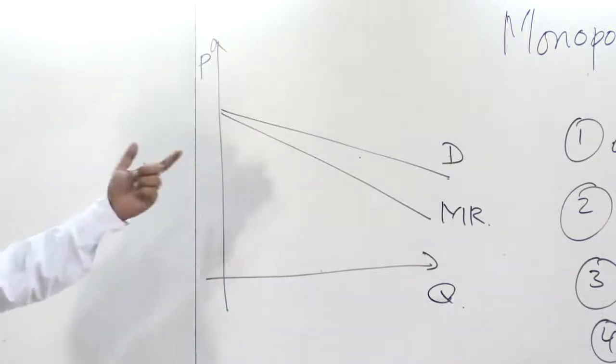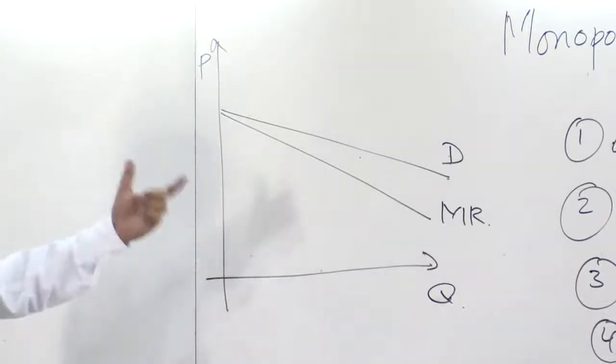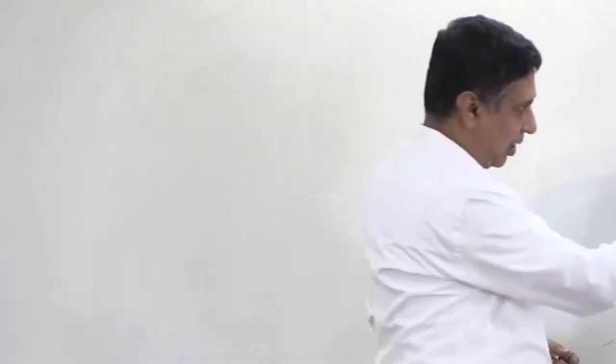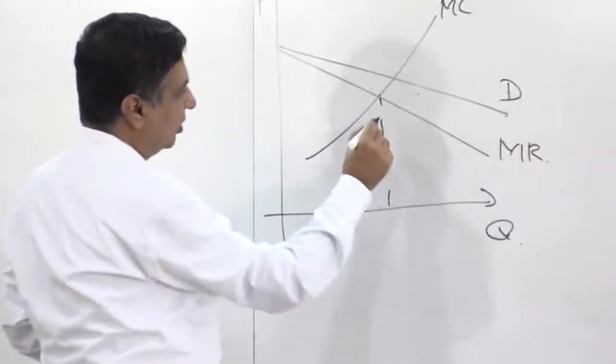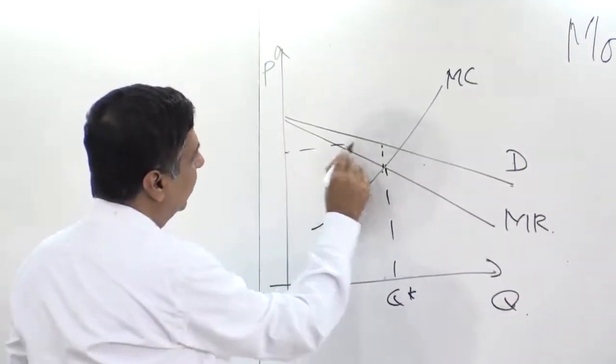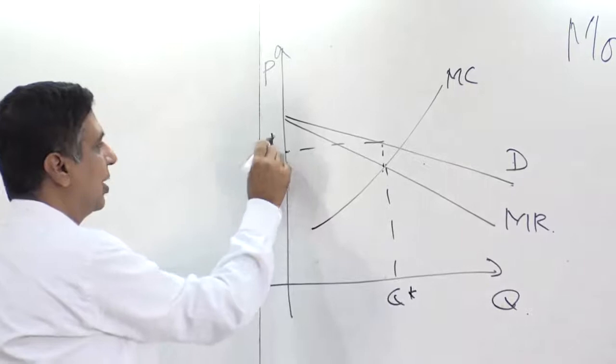So, actually there is nothing new to be done, in the sense, how is a monopolistically competitive firm going to behave? With its very little monopoly power, it is still going to set marginal cost equal to marginal revenue, and then go up to the demand curve to set the price.